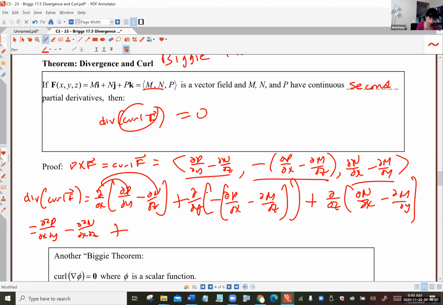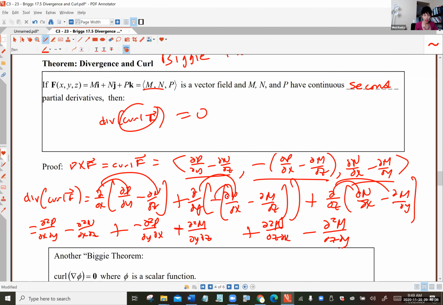Plus, and I'm going to distribute the negative at the same time I distribute the d/dy, I get minus d squared P over dy dx, and then minus minus, sorry, that's a minus minus, so it's plus d squared M over dy dz. And then plus, I'll distribute the d/dz: d squared N over dz dx minus d squared M over dz dy.